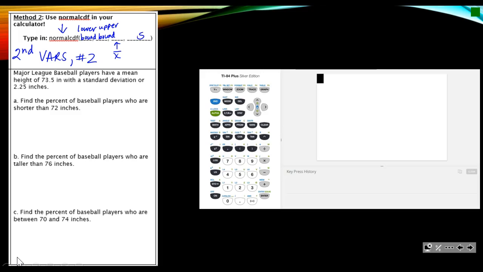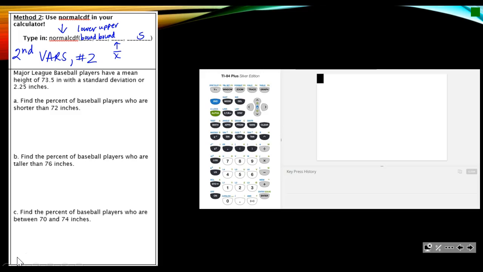Now, the upper bounds and lower bounds are a little bit tricky because really your upper bounds and lower bounds are usually going to be something like negative infinity or positive infinity, but you can't type that into your calculator. So if you just use a really big number, like for example, using negative 1,000 as your lower bound or using positive 1,000 as your upper bound, that will be fine to get you a pretty good answer.